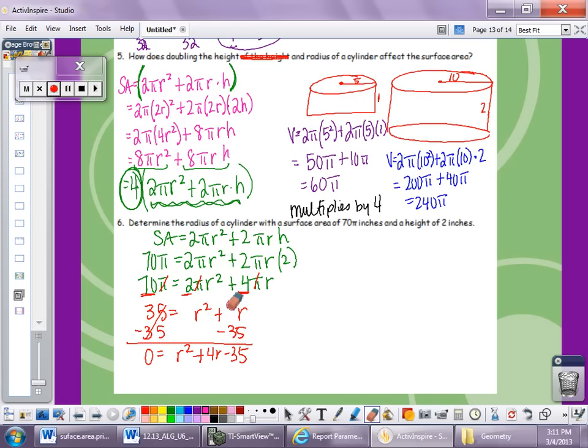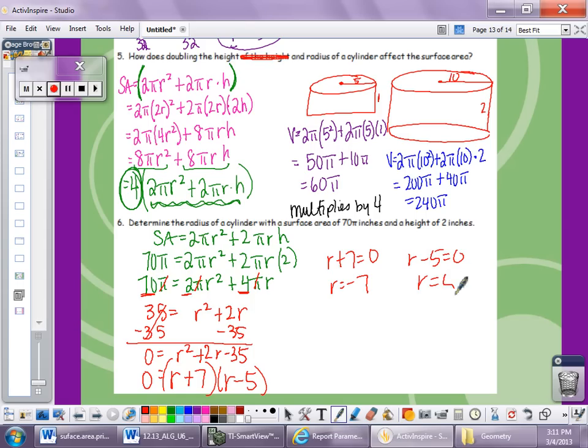I hope y'all caught this. When I divide this by 2, remember I didn't divide that by 2. That would be 2. So when I factor this, this is r plus 7, r minus 5. Remember that it is equal to 0, so this will be r plus 7 equals 0. So r is negative 7. And r minus 5 equals 0, so therefore r is equal to 5. 5 inches is my answer.